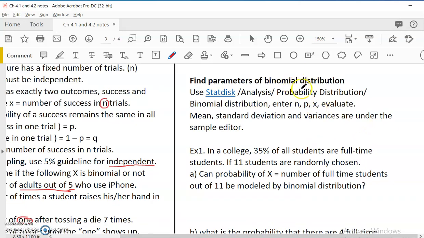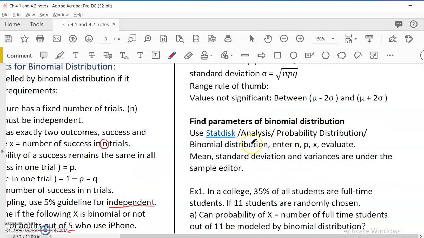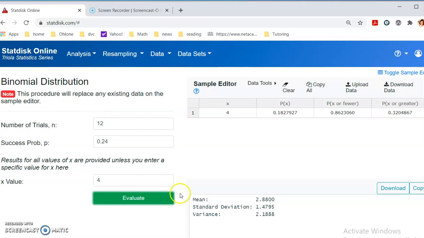To find these binomial distribution parameters, of course, you can do it by hand because you have the formulas here. np is the mean or expected value, and the standard deviation is the square root of npq or np(1 minus p). But when you use the statistics probability calculator, you will see that they have actually calculated it for you.